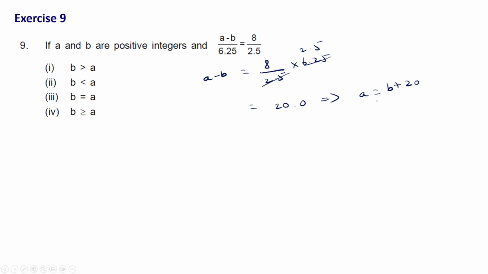It is given a and b are positive integers. So if a is b plus 20, then a will be more than b. So b is not equal to a, b is not greater than or equal to a, and b is not greater than a. B is less than a. So the correct option is option 2. B is less than a. A greater than b means b is less than a.